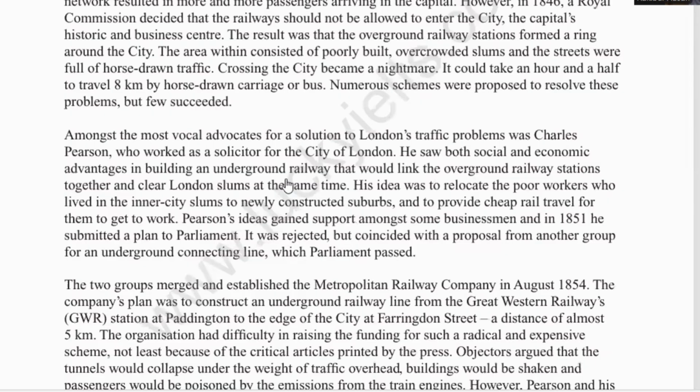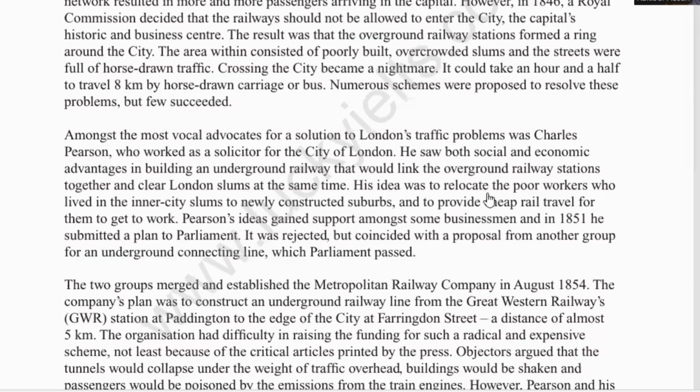You see there is the advantage: the social and economic advantages in building an underground railway. In the question they mentioned building the underground railway, that would link the railway stations together and clear London slums at the same time.